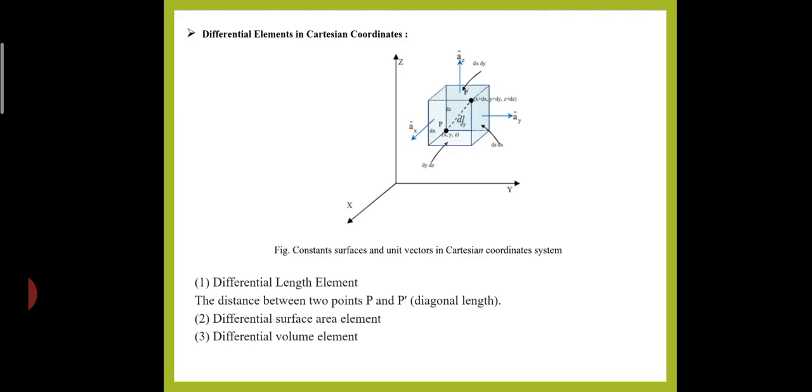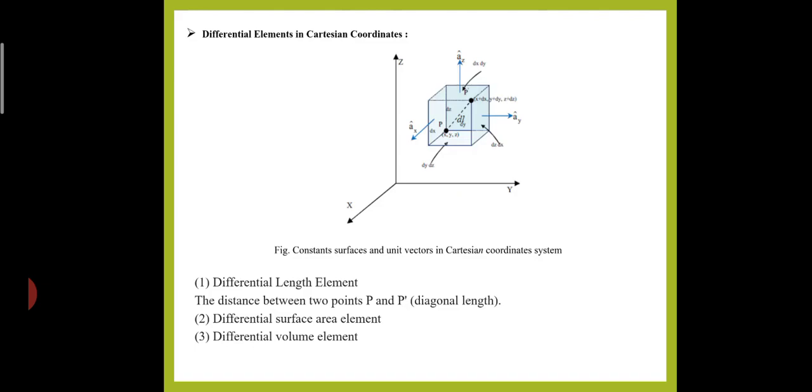Now, the distance of P dash from P is given by the magnitude of the differential vector length. So, the equation is dl is equal to the square root of dx square plus dy square plus dz square, and hence the differential volume of the rectangular parallelepiped is given by dV is equal to dx dy dz.